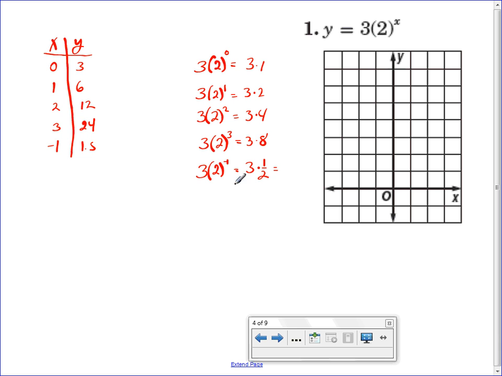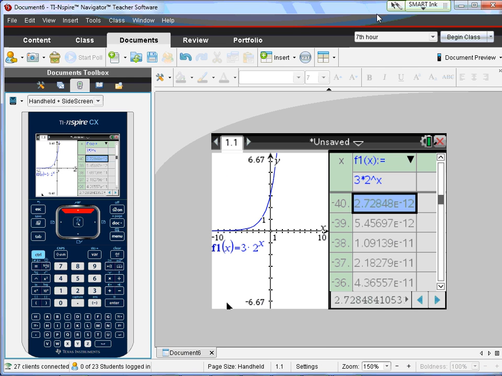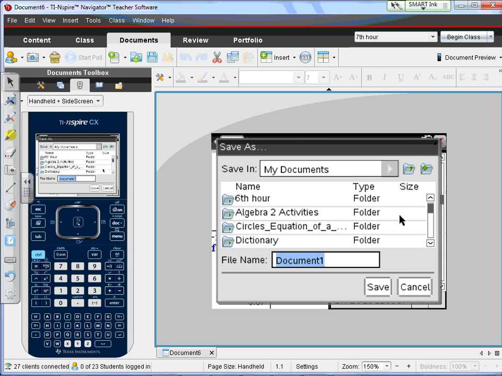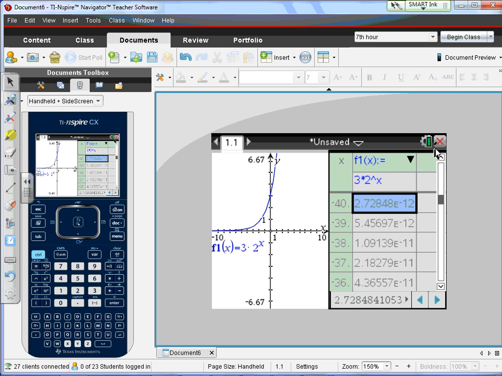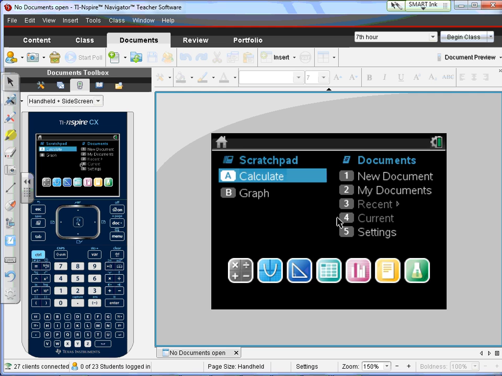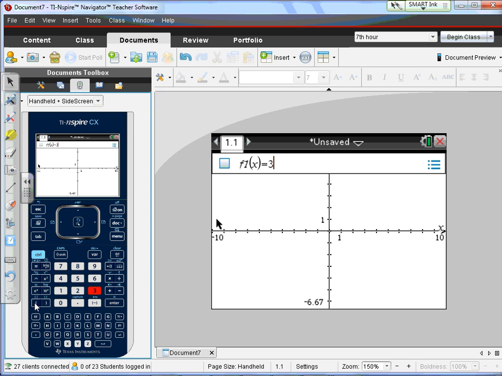All right, so this is the old-fashioned method. You can also use the graphing calculator. Let's show you how you would do that. With our graphing calculator, you're going to want to open a graph and put the function in: 3 times 2 to the x power.